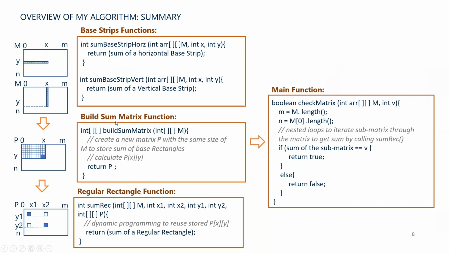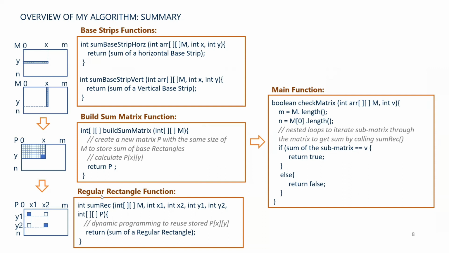Then I'll have a build sum matrix function, take an existing matrix M, and create a new matrix P with the same size of M to store some of the base rectangles. Then I'll calculate Pxy, then return P.